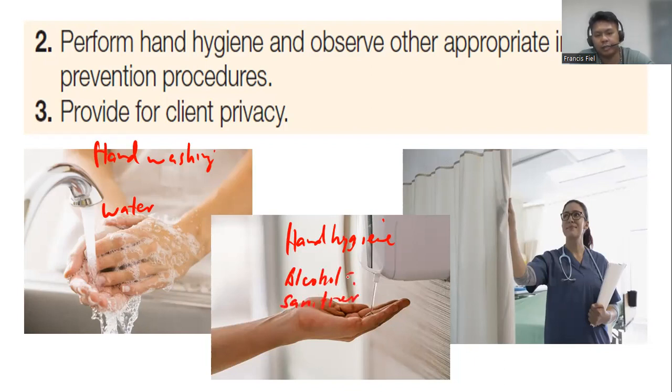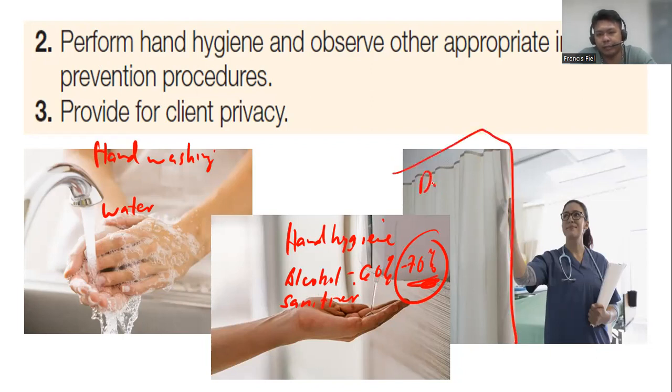What's important is that the alcohol is, as ma'am said, 60% to 70% alcohol. But ideally, we would want 70% alcohol. Okay? Now, next is provide privacy. If you are in the ward, you close the drapes. If it's a private room, you close the doors.